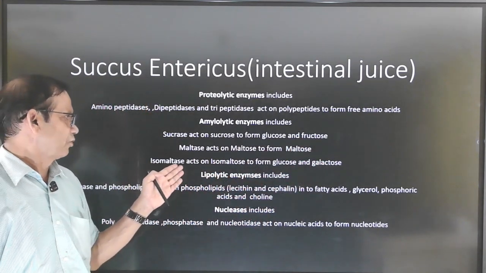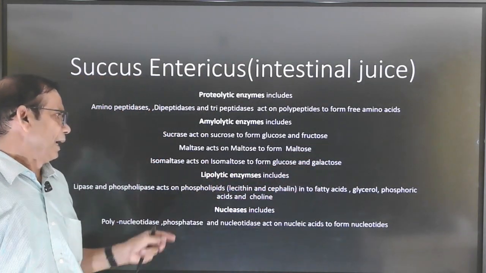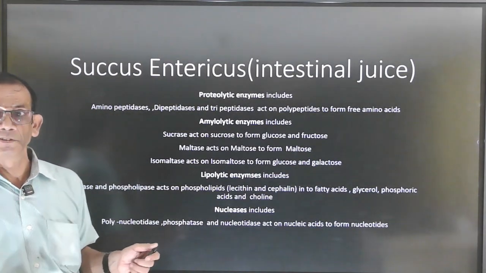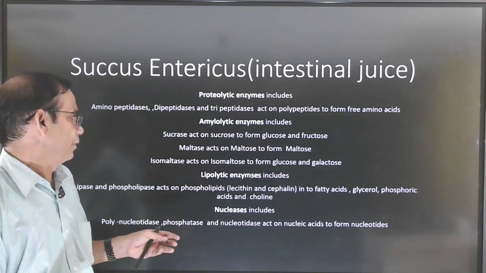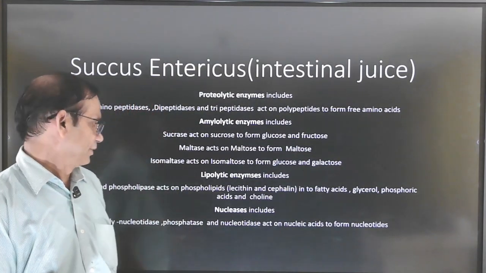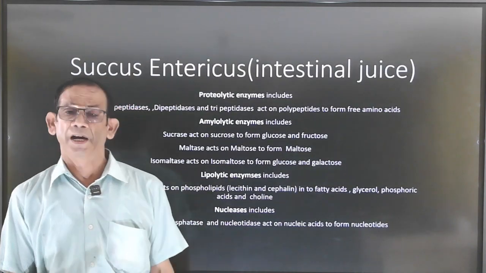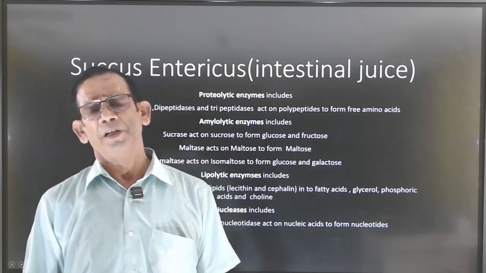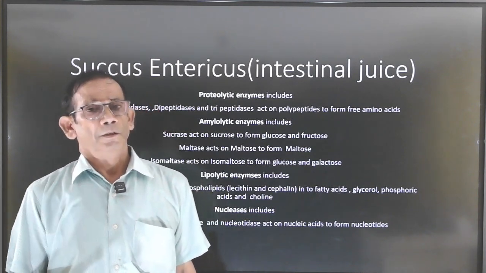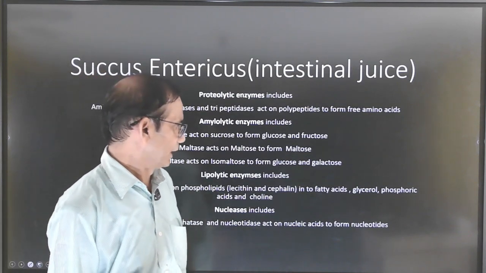At the same time, isomaltase acts on isomaltose to form glucose and galactose. And lipolytic enzymes include lipase and phospholipase, which acts on phospholipids, and besides this nuclease, which includes RNase and DNase, which act on RNA and DNA of the food materials which are present lastly in the small intestine.